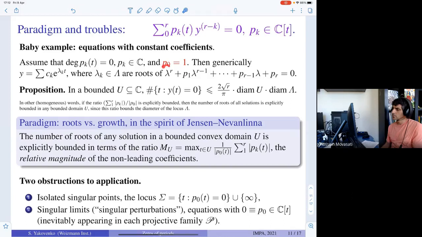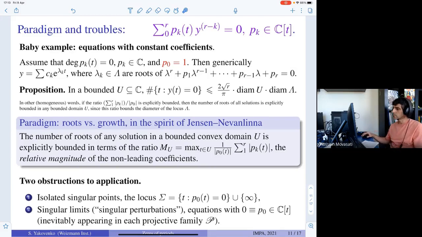The highest derivative is equal to 0. It will give us polynomials, and polynomials, of course, you know how many zeros they might have. The claim is that if you have a bounded perturbation, then the answer remains bounded, and this upper bound is in terms of the magnitude of this perturbation.